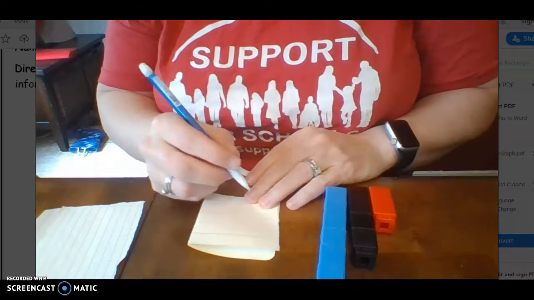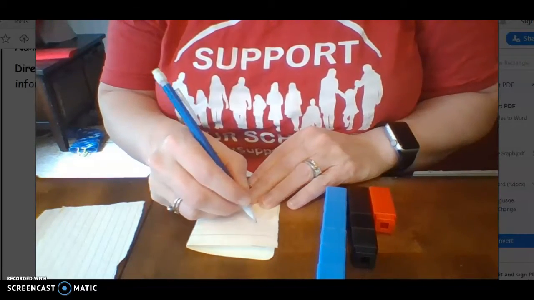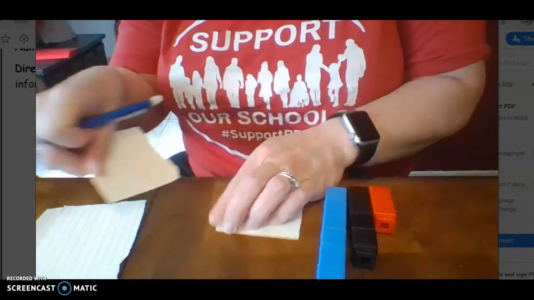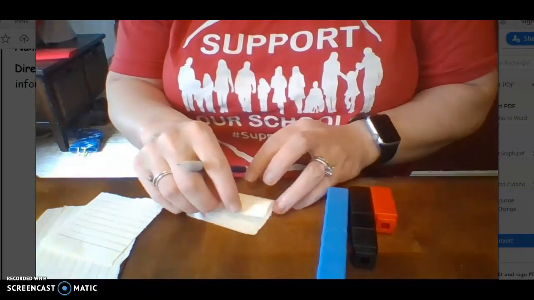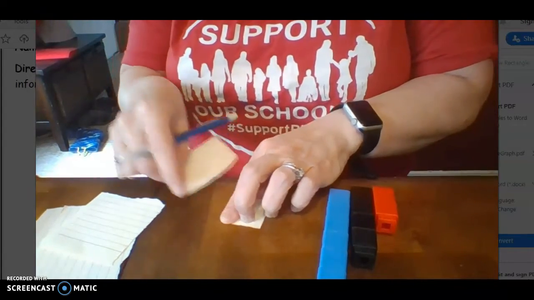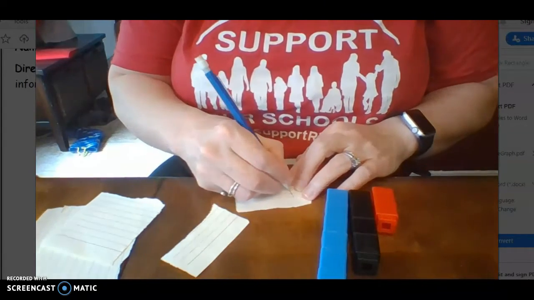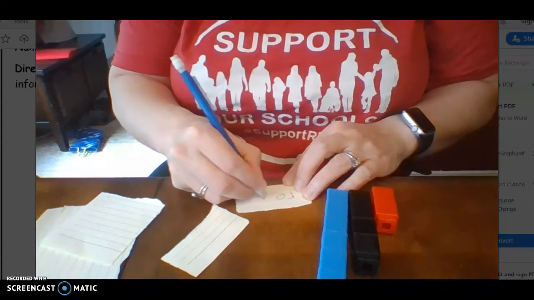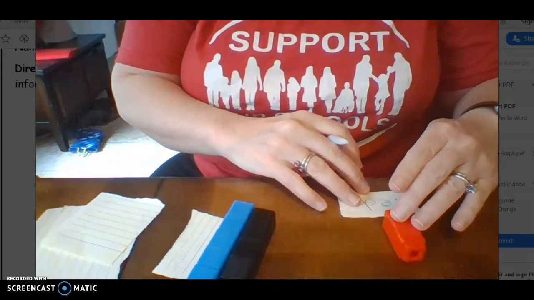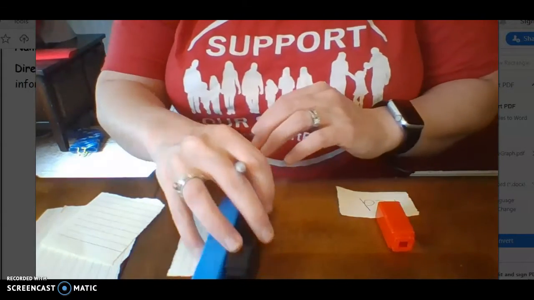What colors do I have? Red. So I'm going to write, I might even need to make it smaller than that. I can probably go really small because my spot is pretty small. All right. So red, and then I'm going to put it right here under red. Okay. What's my next color?